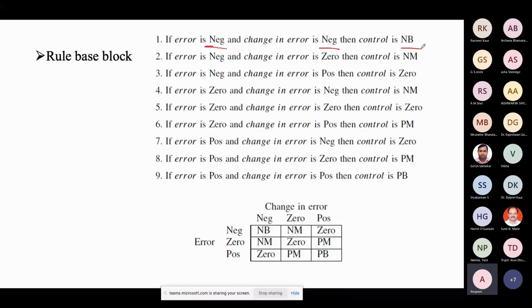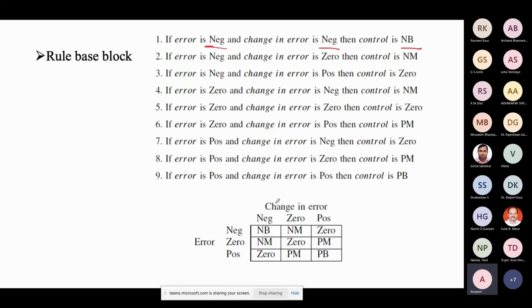This is a rule base, and it is generated by experts in this field, depending on the application you are going to apply the fuzzy logic to.